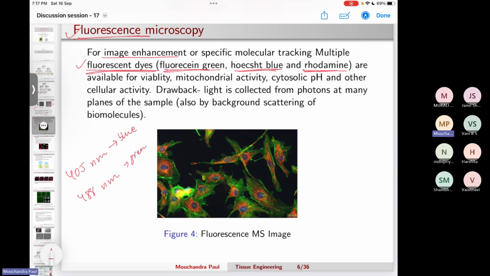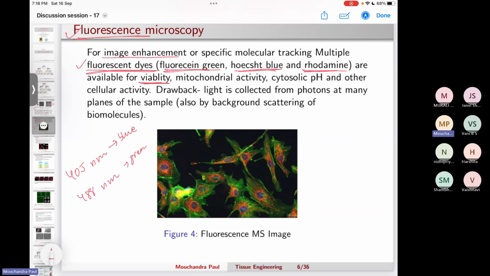People use this fluorescence microscopy technique to check cell viability. There is an assay called the live and dead assay, where there is a specific dye that tags only the dead cells, and a specific dye that tags only the live cells. You can stain your sample with both of these dyes, and when observed on the fluorescence microscope, you will get signals of red and green that will help you understand how many dead or live cells are there in your sample.